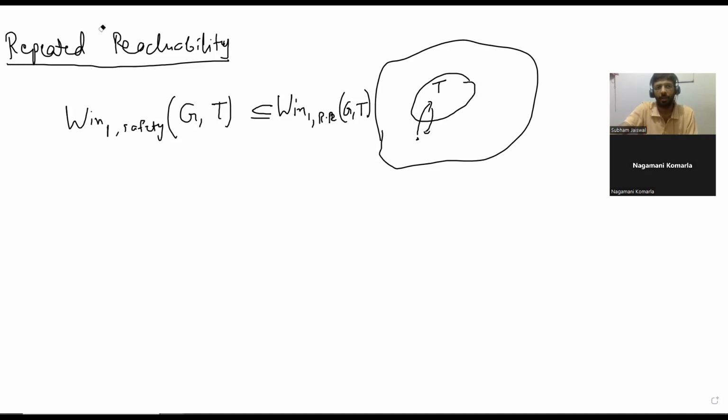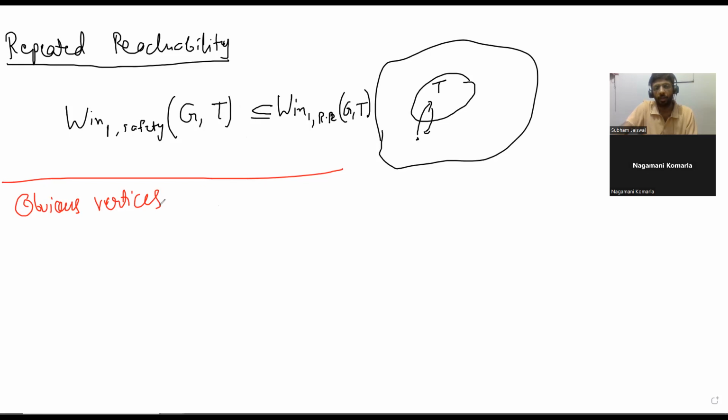So maybe I can ask the question like this. Can you tell me some obvious vertices? You have told me some obvious vertices which are in Win1 of repeated reachability of G, right?